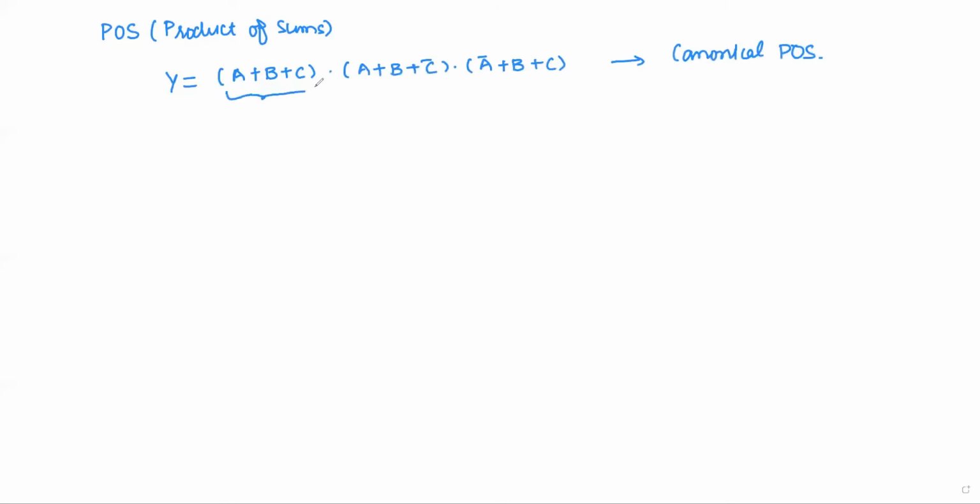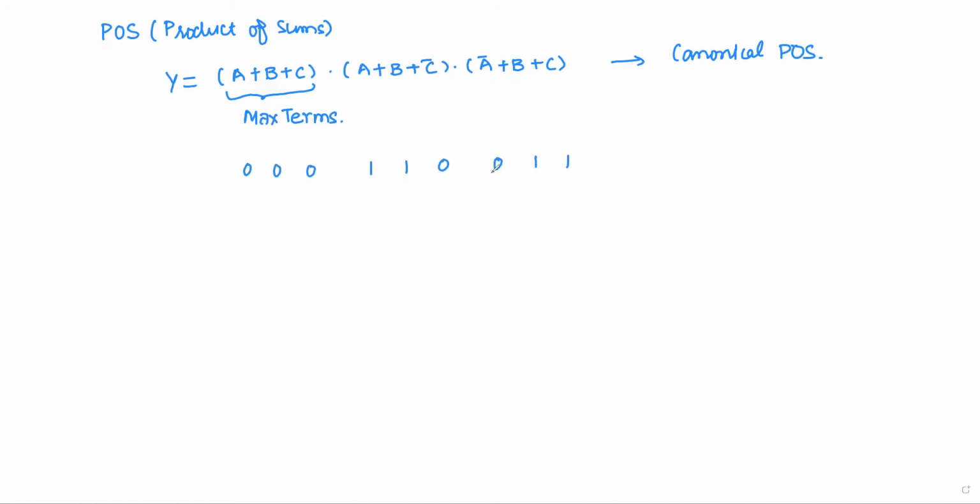And these terms are called max terms. So what are max terms? The terms for which your output is 0 are called max terms. So suppose we are now doing this particular thing. This is nothing but 0, 0, 0. This is 1, 1, 0, and this is 0, 1, 1.